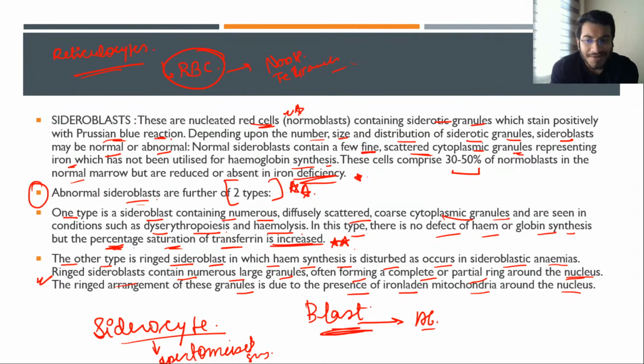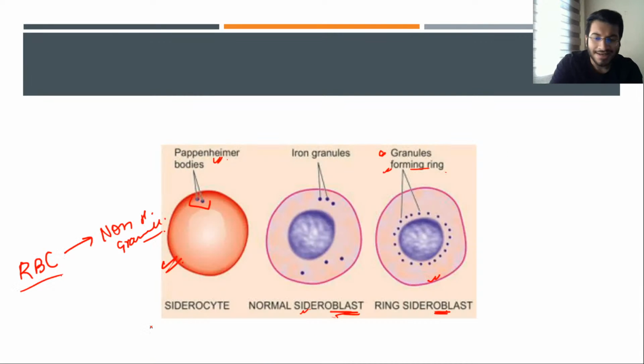And the other type of the sideroblast is ringed in which heme synthesis is disturbed, राइट. हीम सिंथेसिस डिस्टर्ब हो चुका है एंड सारा का सारा जो आयरन है वो सर्कल बना चुका है अराउंड, रिंग बना चुका है अराउंड न्यूक्लियस, राइट. So this is a siderocyte, this is a normal sideroblast, and this is a ringed sideroblast, right?